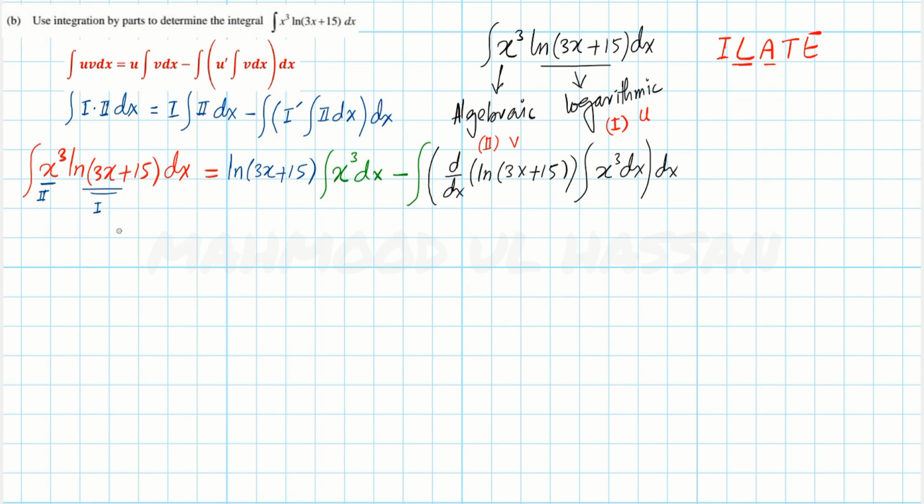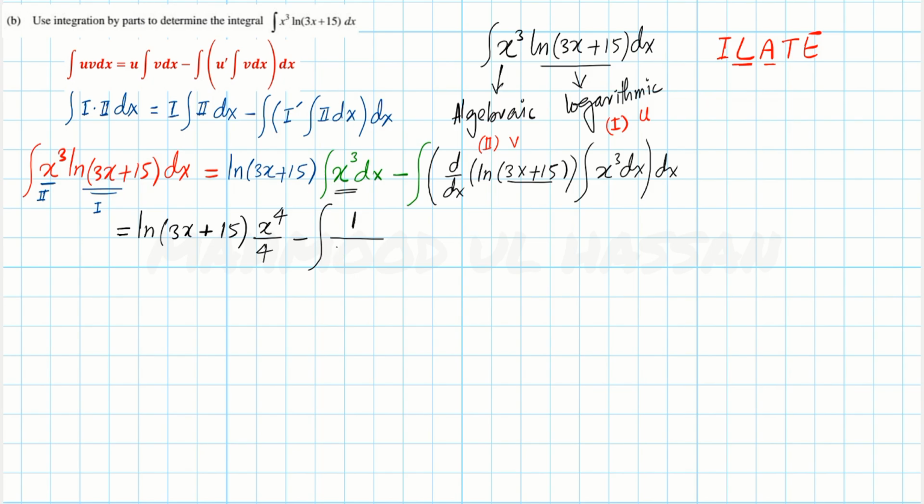Now here we have the natural log of 3x plus 15, and you know that the integral of x cube is x to the power 4 divided by 4, minus integral. You know the derivative of log is basically 1 divided by x, but here the argument is not x, it is 3x plus 15.